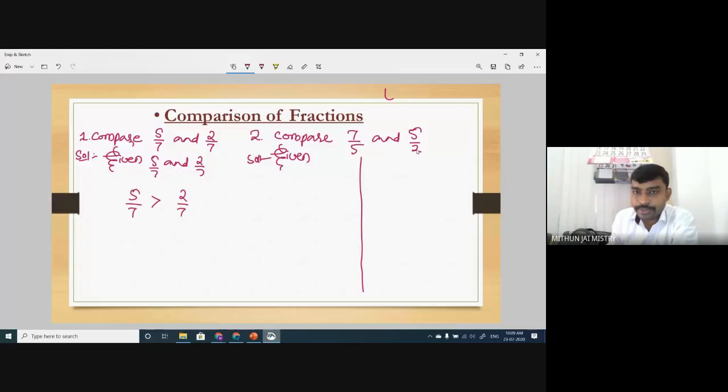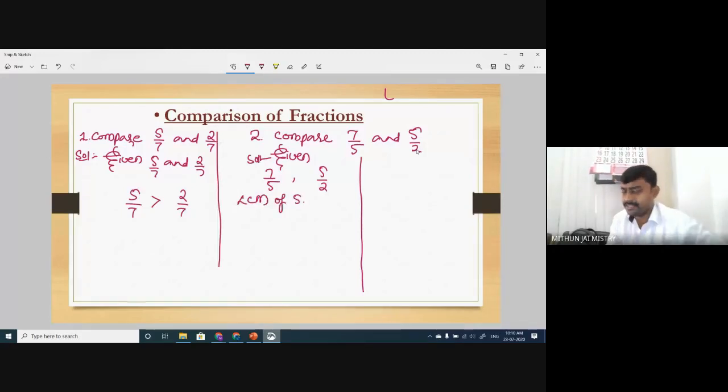They are unlike definitely. First, you need to take the LCM of the denominators. That is LCM of 5 and 2. LCM of 5 and 2 is what? 10. You know how to find LCM, right? You can do it by division method or prime factorization method. It's up to you. Now, 5 2s are 10. That's the LCM which we are getting.